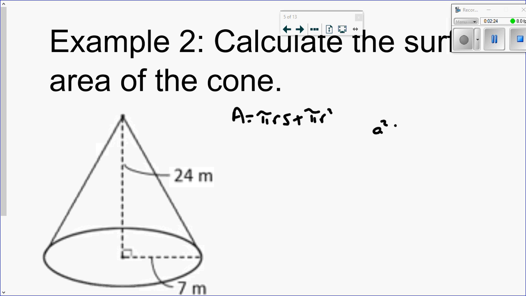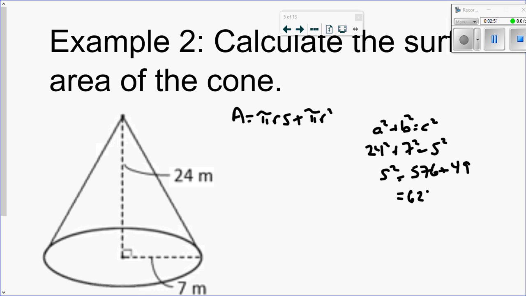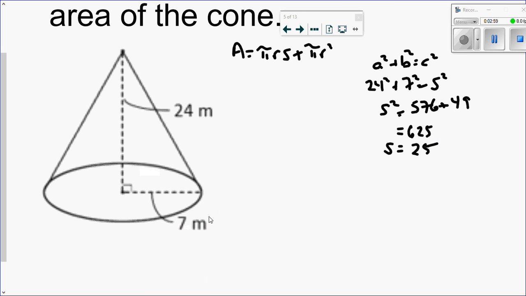So a squared plus b squared equals c squared, and 24 squared plus 7 squared. Oh, now my life can go on.